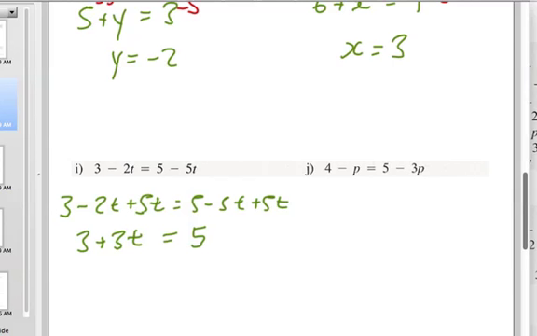So now we're going to subtract 3 from both sides of the equation. And we have 3t is equal to 2. We divide both sides by 3, so t is equal to 2/3.